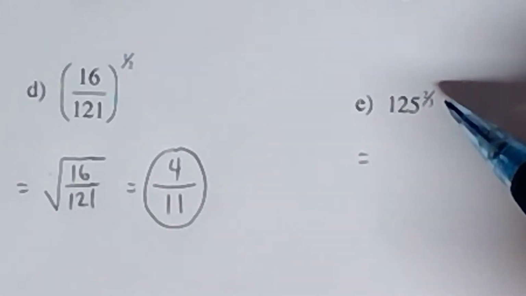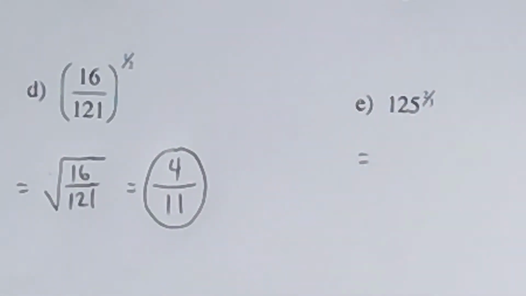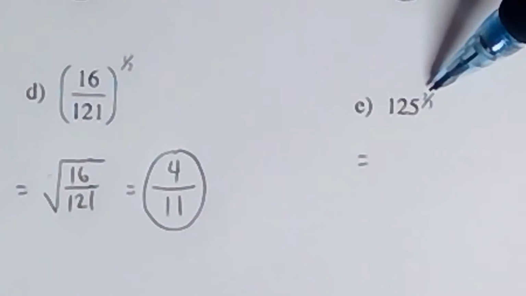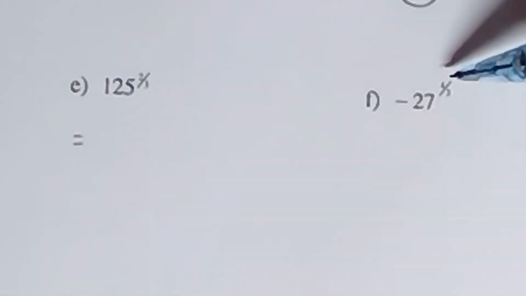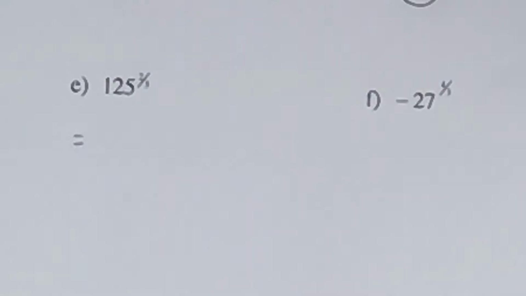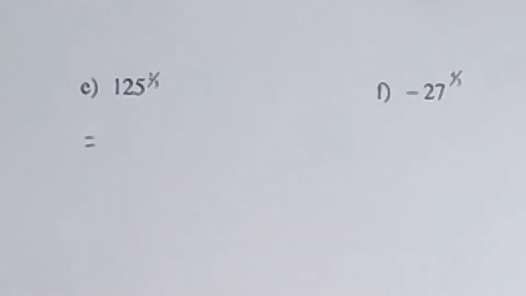Now, notice in this problem here, for the first time, we have a fraction exponent where the top of the fraction is not a 1. It's a 2 in this case. In the next problem, it's going to be a 4. What do you do when that happens? This first step you don't have to write down, but I want you to see where the formula comes from. So again, you don't have to write down the step if you don't want to. But basically how it works is like this.